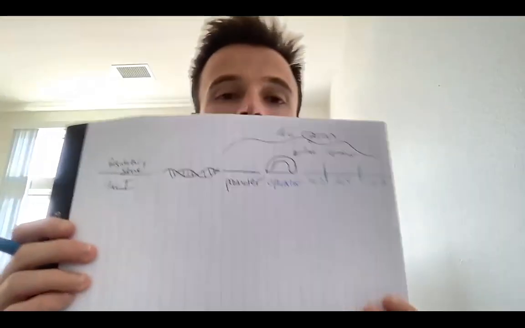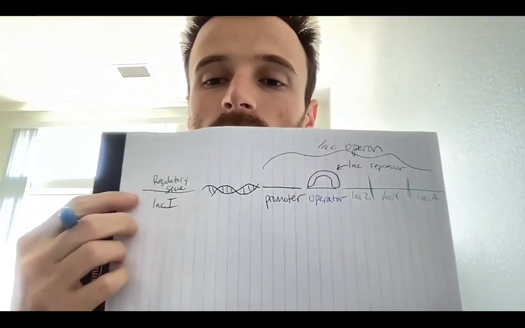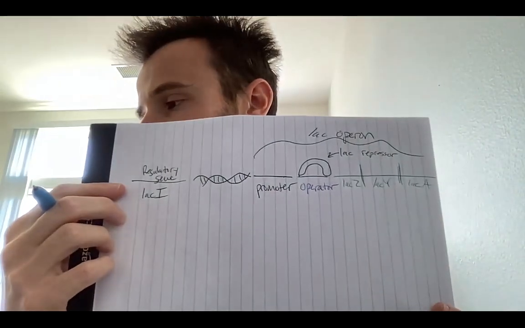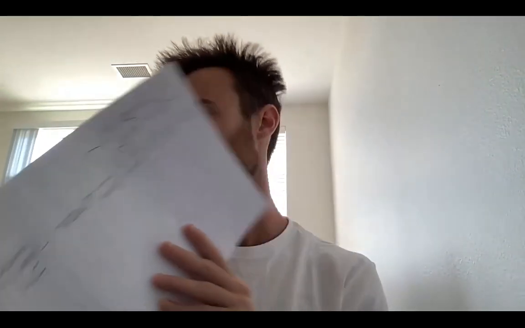So let's start with that regulatory gene, like we did before. And this one is LAC-I. Right? It's not part of the operon. Just to simplify, mRNA is made. It has its own promoter. RNA polymerase will bind there.